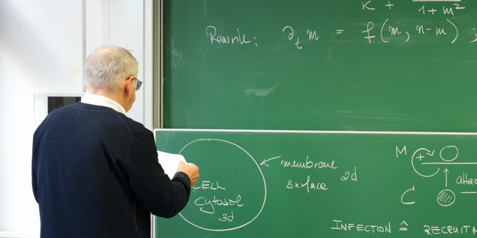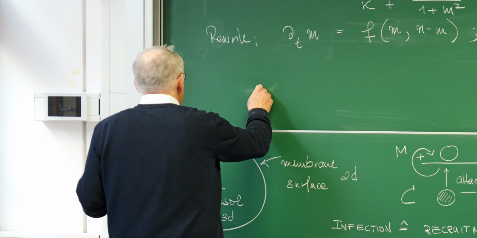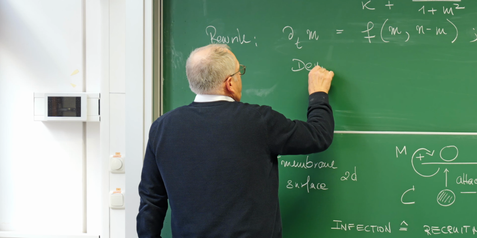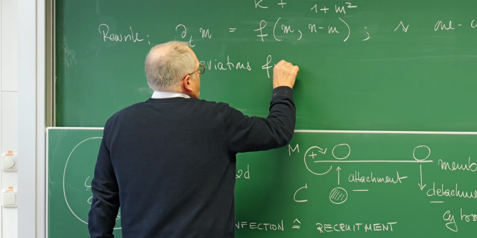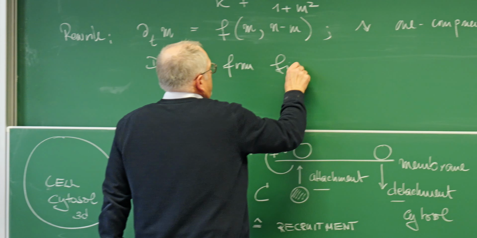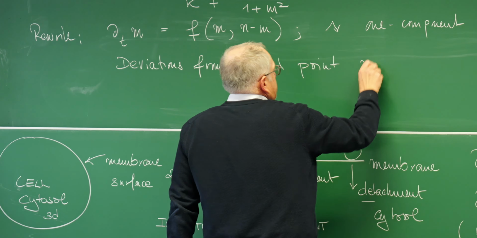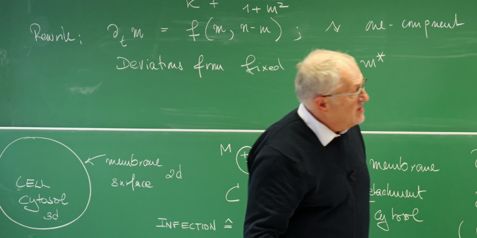Let's say we have a fixed point in our system, and we want to study deviations from a fixed point that we call m star. What these fixed points are, you can read off here.